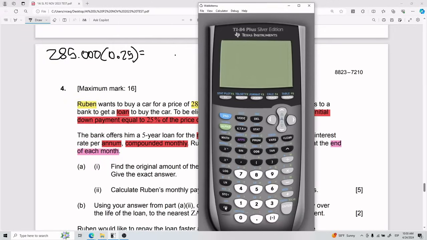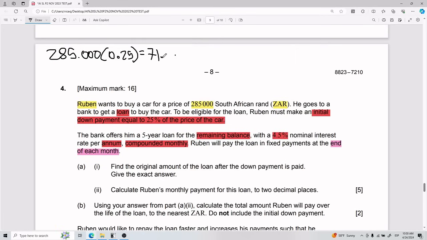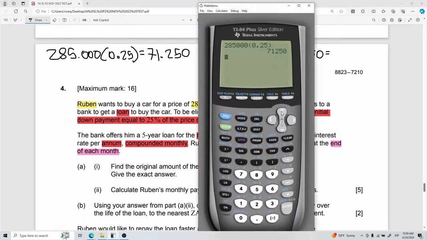The initial payment is going to be 285,000 times 0.25. So this is his initial down payment, the 71,250. That means that of the 285,000, he immediately pays the down payment of 71,250, which gives him that amount.